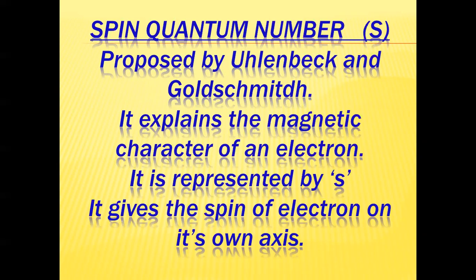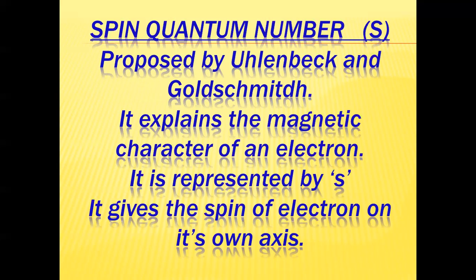You should remember that the magnetic properties of an atom or an element, a molecule or compound depend upon the spin of electrons on their own axis. In other words, when electrons spin on their own axis, they produce a magnetic field or magnetic moment.